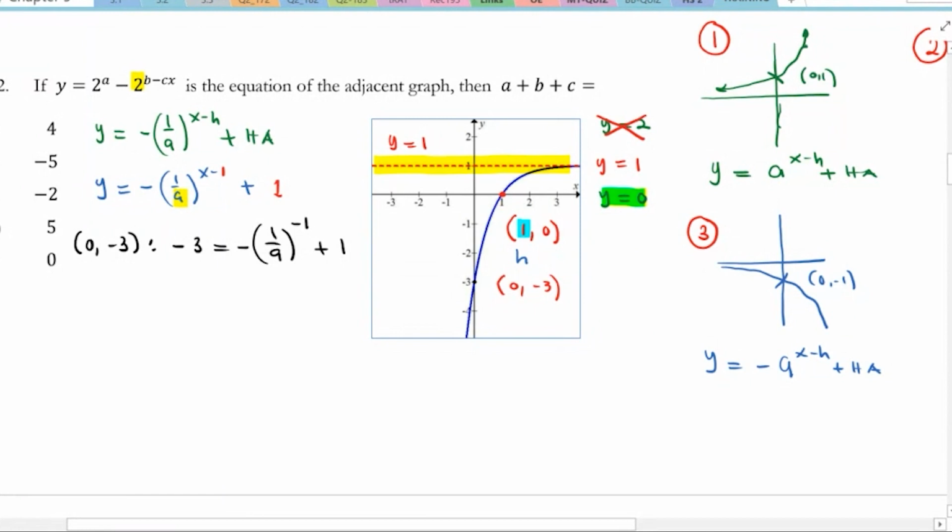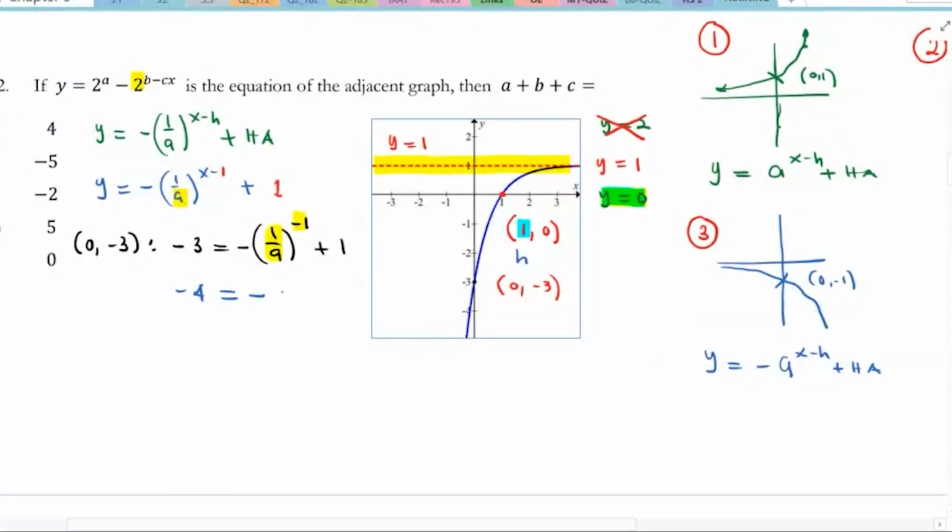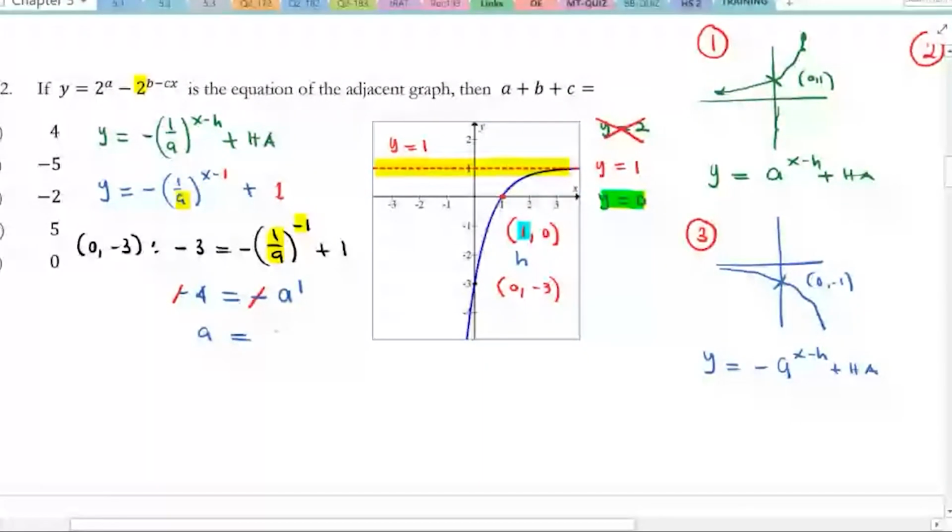Now please simplify. We can take this 1 here, and we get minus 4 equal to minus. Now if you take the reciprocal of this, we are going to get a to the power of 1. We go with minus, and that means our a will be equal to 4.